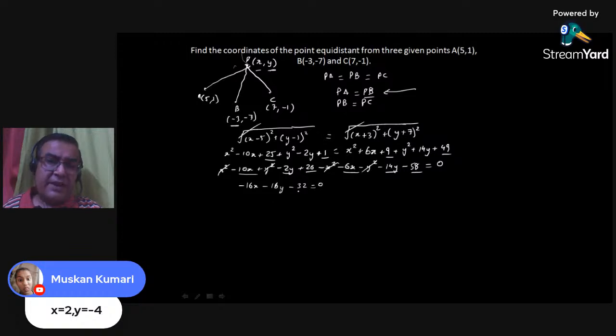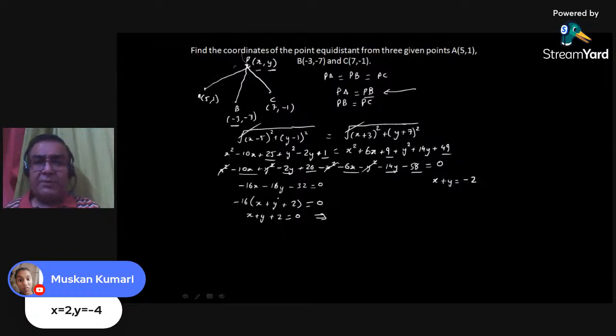So basically I think I can factor out minus 16 from all these, so I'll be left with x plus y plus 2 is equal to 0. Then I can divide both sides by 16, so I'll be left with x plus y plus 2 is equal to 0, or I can also write it as x plus y is equal to minus 2. So that is one equation that I've got.